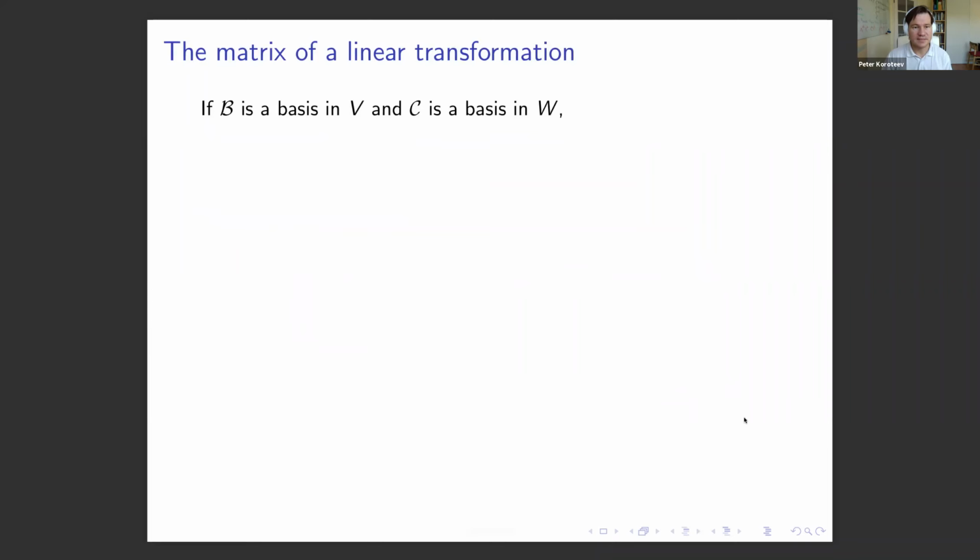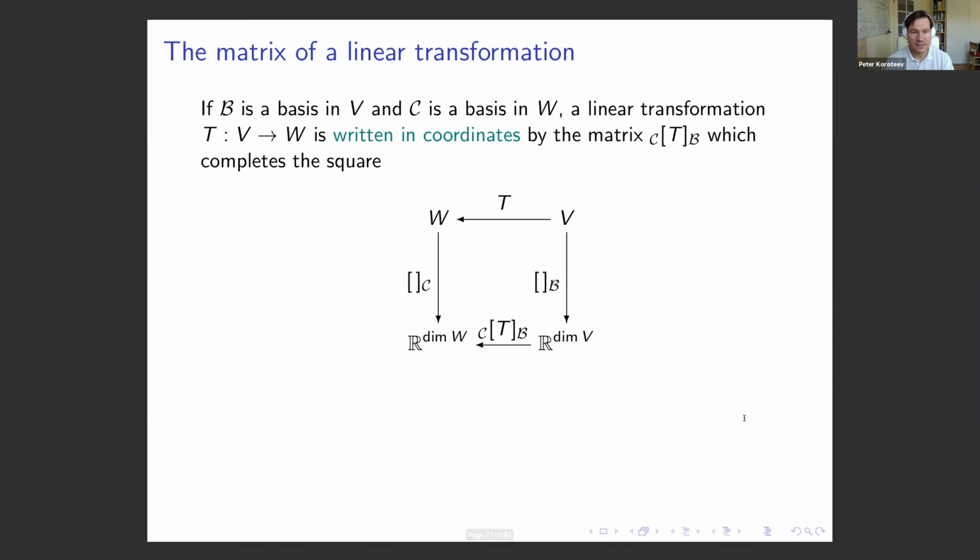So if B is a basis in capital V and C is a basis in capital W, then the matrix of the linear transformation T from V to W is written in coordinates by this matrix with indices T, C, and B, which completes the square. We have two vector spaces, possibly with different dimensions.